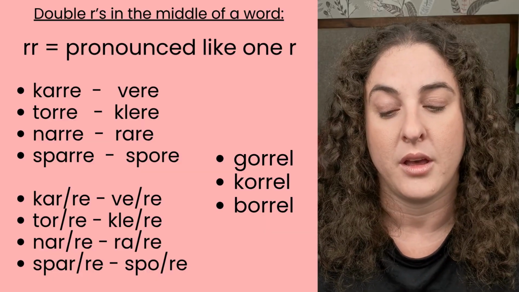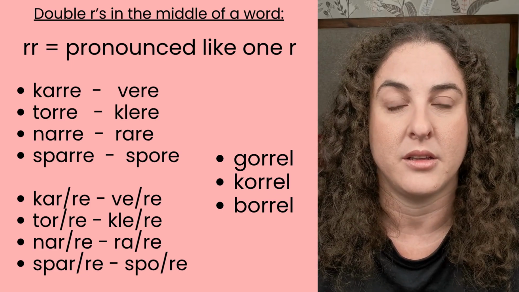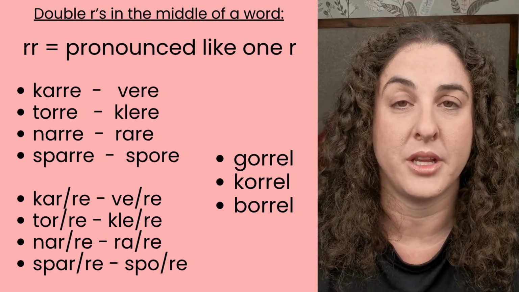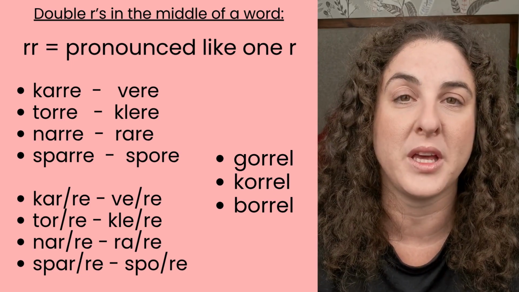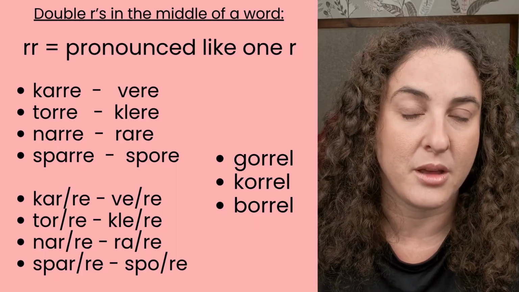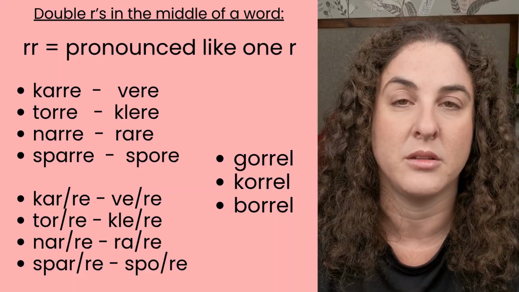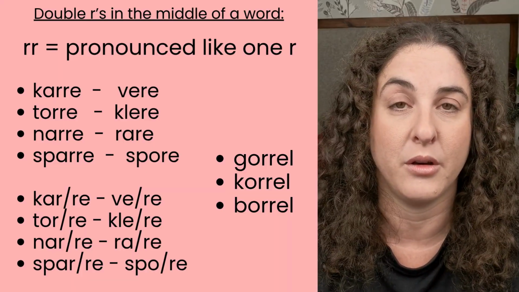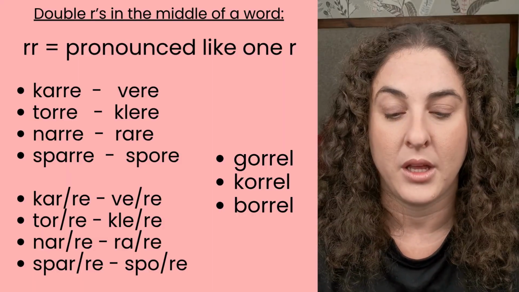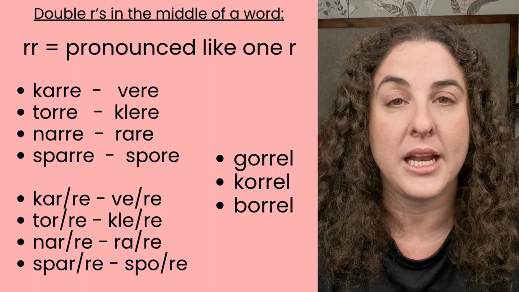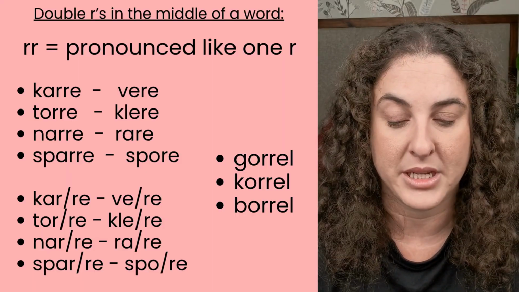So you look at the word karre. That is a word with two R's in the middle, but the word to its right, vere, sounds the same. And it's because we just make that one r sound in the middle, whether there's two or one of the R's in the middle. Then we have torre, klere, same sound.